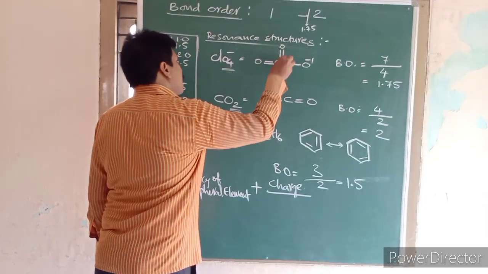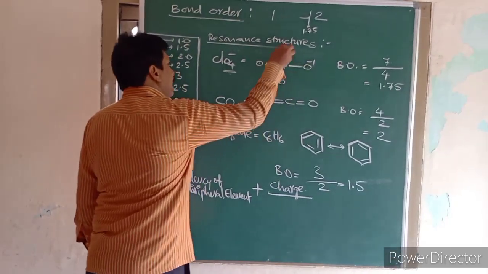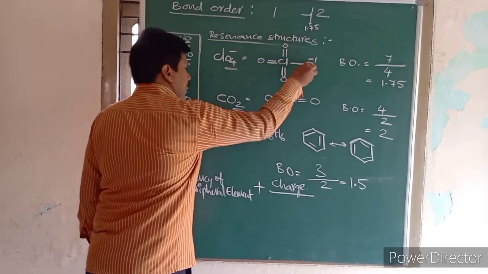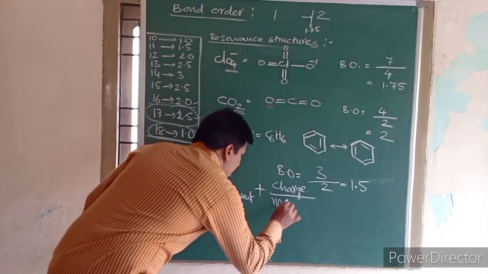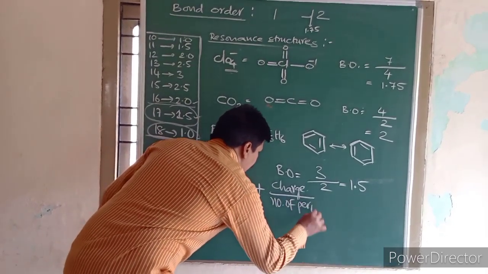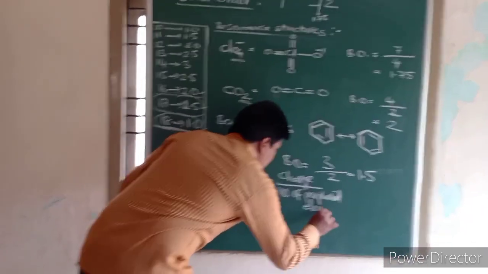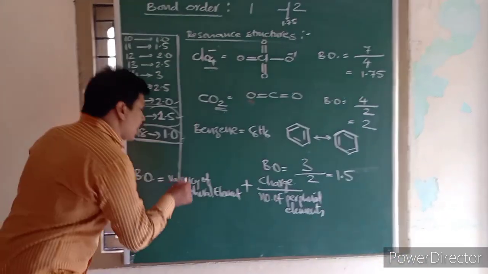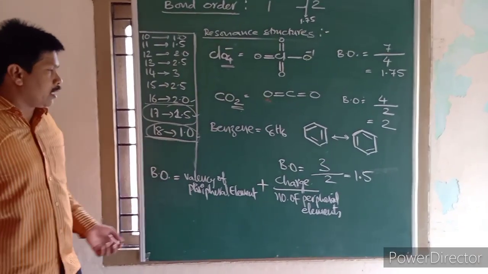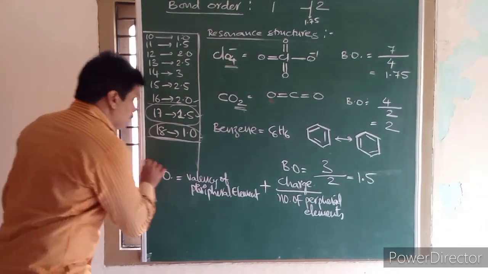This chlorine is surrounded by how many peripheral elements? Four are there. The number of peripheral elements is like this. This is the formula to calculate the bond order, using another shortcut.